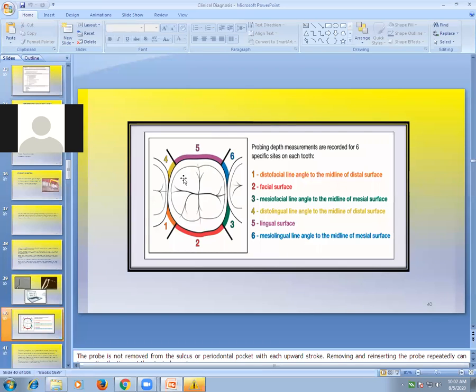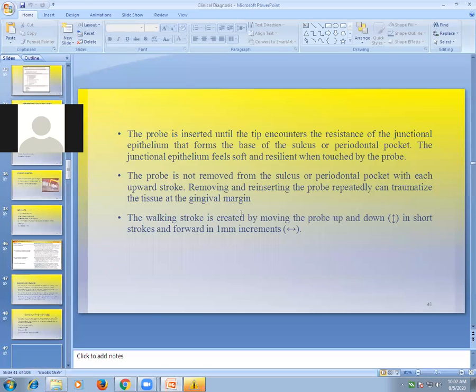But you are supposed to measure at 6 areas: distofacial or distobuccal, buccal, mesiobuccal, mesiolingual, lingual, and distolingual. All these 6 areas around the tooth are where you measure probing depth. And in that particular area, suppose it is more than 3 mm, then only you have to write pathological findings in that region.